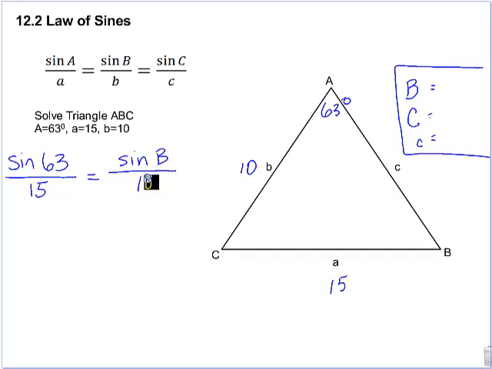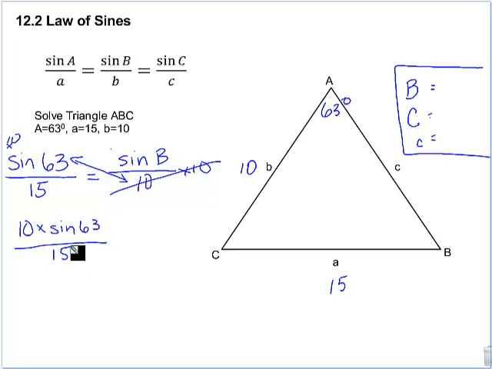If you're unable to do that, you can start by multiplying the denominators to get it alone. But how can we get sine of B alone here? Multiply. Okay, so we can just multiply this by 10. If we multiply by 10, this is now gone and our sine of B is alone. So we'll take 10 times our sine of 63 and divide that by 15. That gives us our sine of angle B.